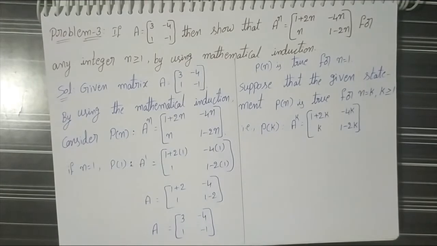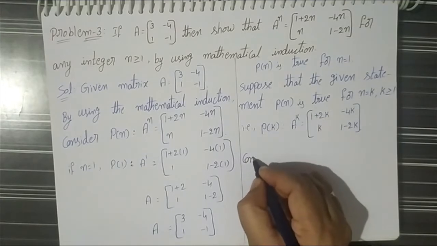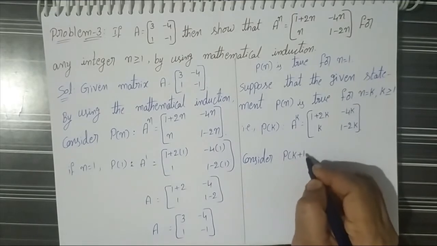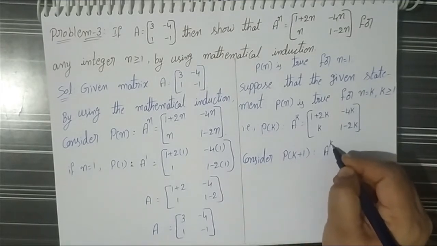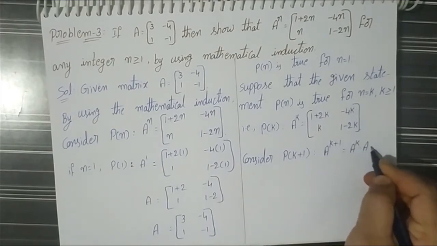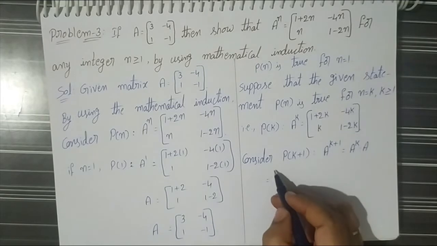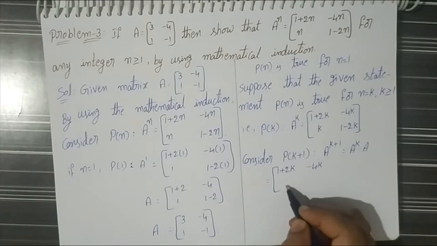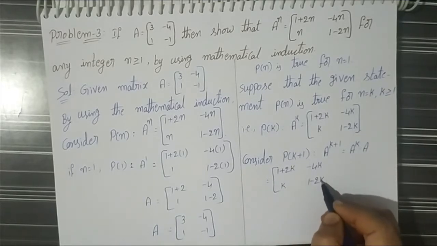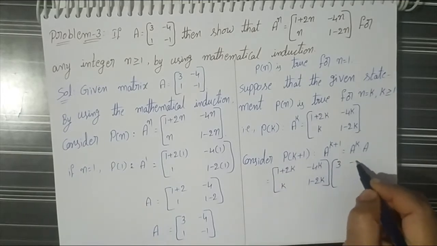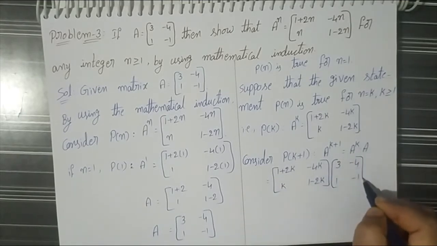Next we prove P of n is true for n equal to k plus 1. For that, consider P of k plus 1 such that A power k plus 1. A power k plus 1 is nothing but A power k into A. That is equal to [1+2k -4k; k 1-2k] into [3 -4; 1 -1].